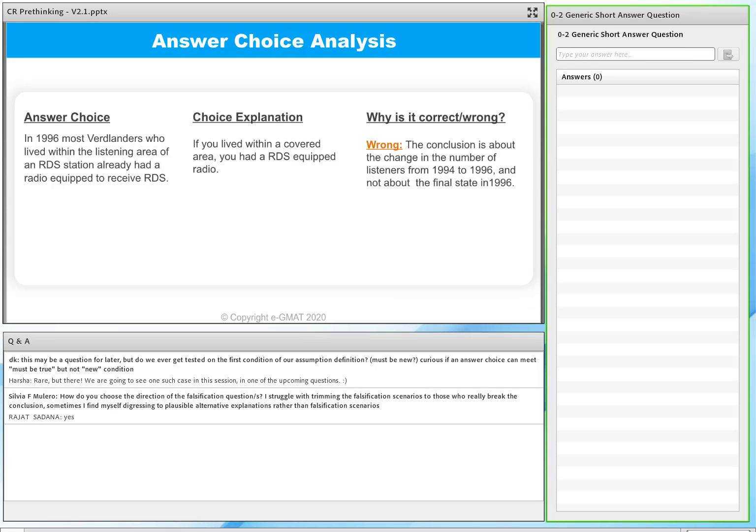Let's look at this. What is my conclusion here? My conclusion is that the number of Verlanders receiving special program information hasn't changed. In other words, if 1 million Verlanders were receiving that special program information in 94, then that number in 96 is also 1 million.